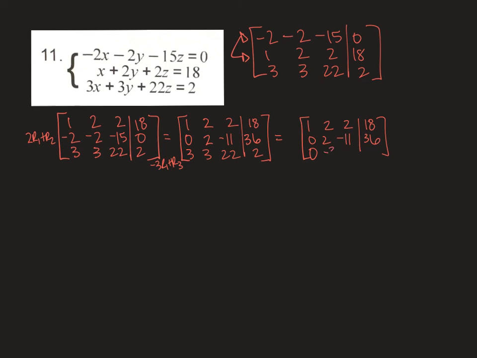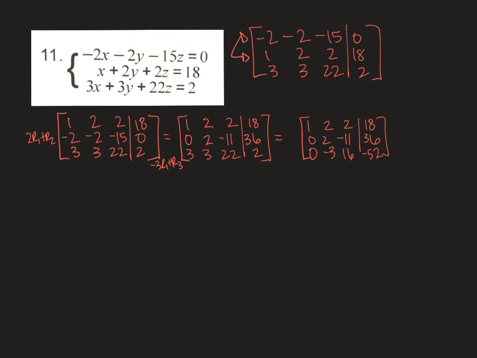Plus 3 is negative 3. Negative 3 times 2 is negative 6. Plus 22 is 16. Negative 3 times 18 is negative 54. Plus 2 is negative 52.